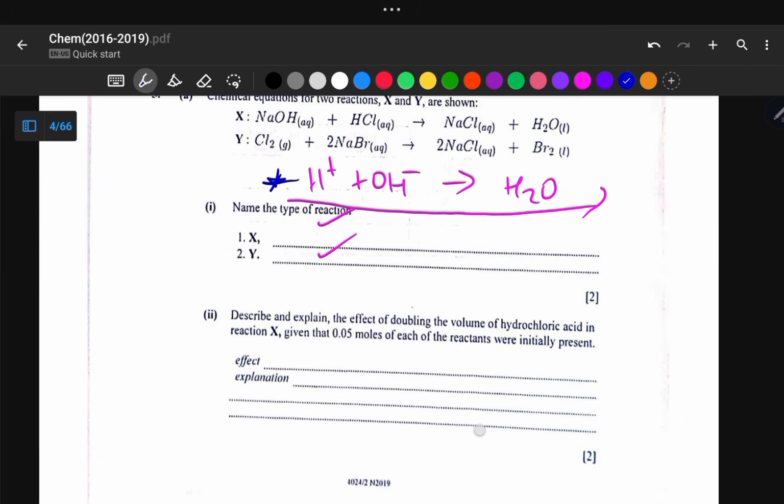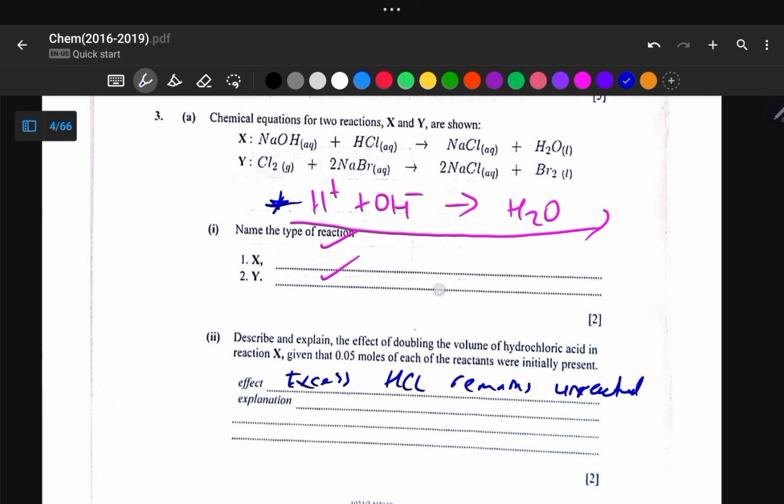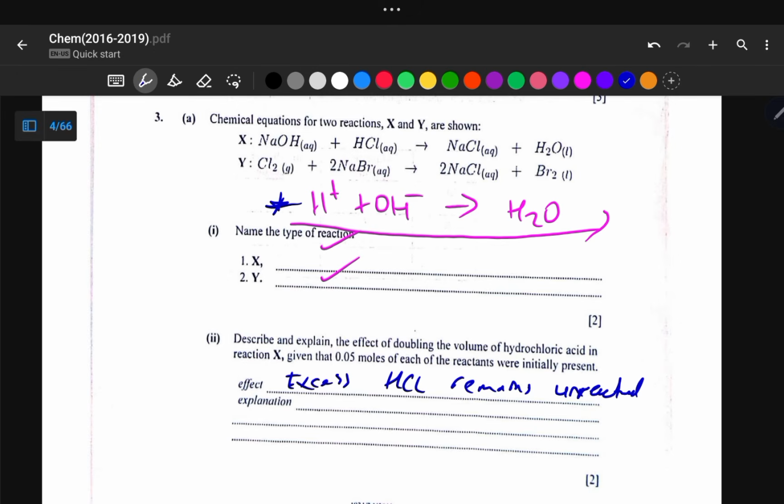So the effect of doubling the hydrochloric acid: we've got excess hydrochloric acid which remains unreacted, right? Since the two are reacting in the ratio 1:1, doubling the hydrochloric acid will cause hydrochloric acid to remain unreacted.